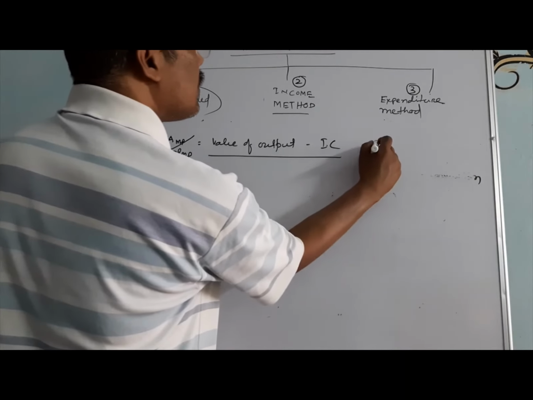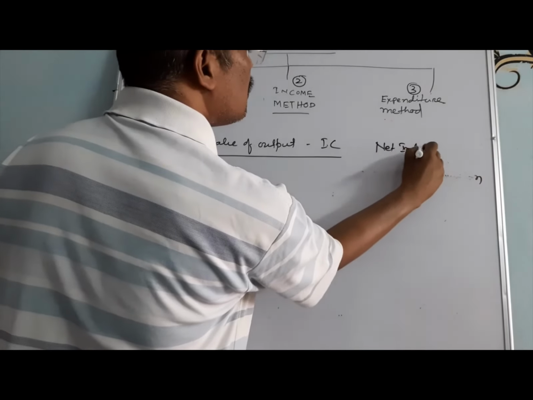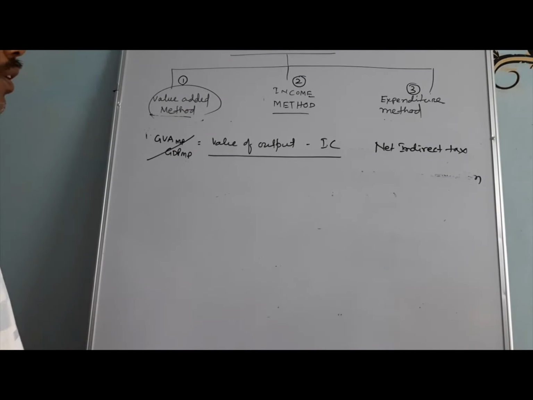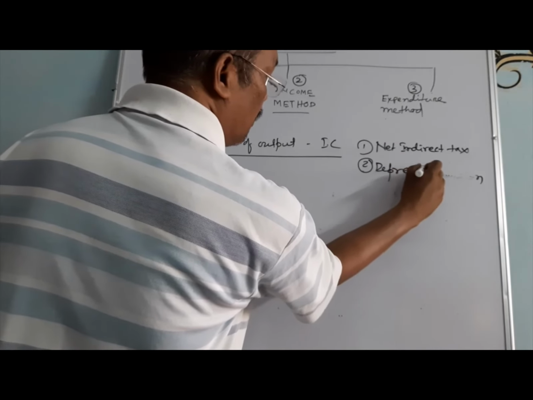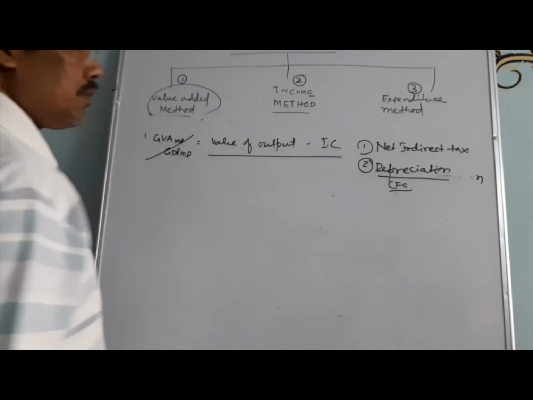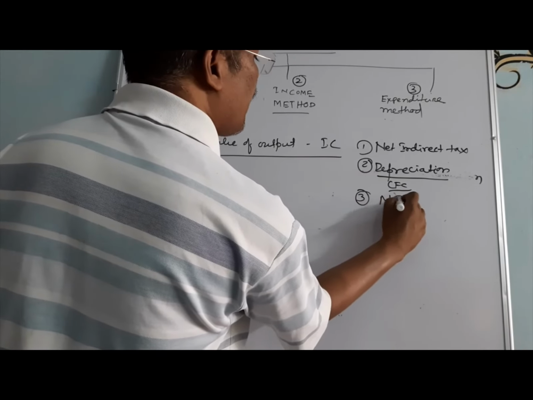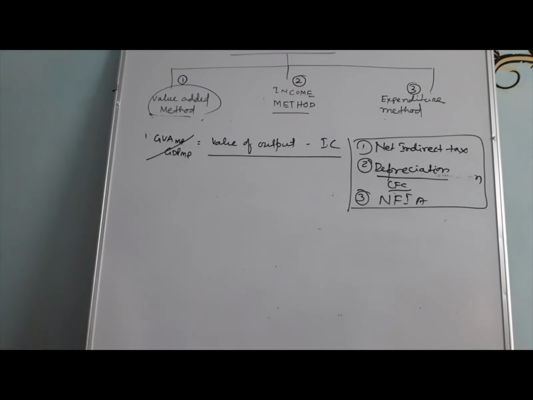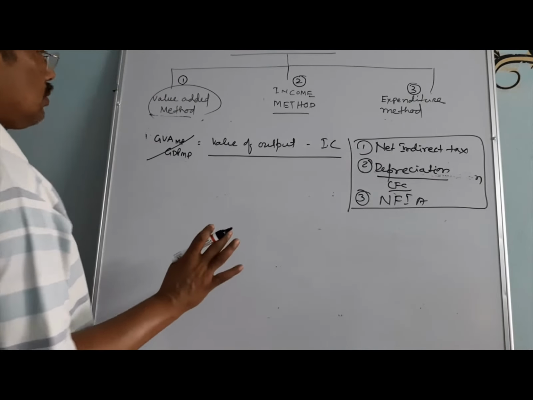One is net indirect tax, another is depreciation, or it is known as the consumption of fixed capital, and the third one is the net factor income from abroad. So these are the three basic components you have to know.